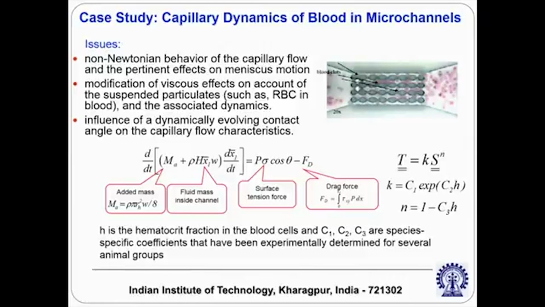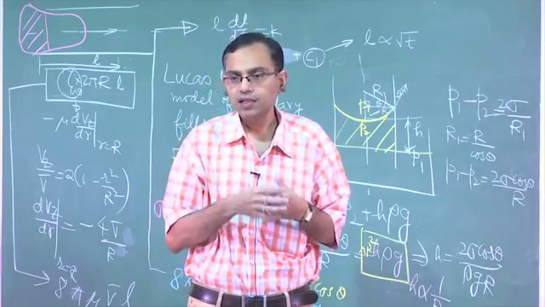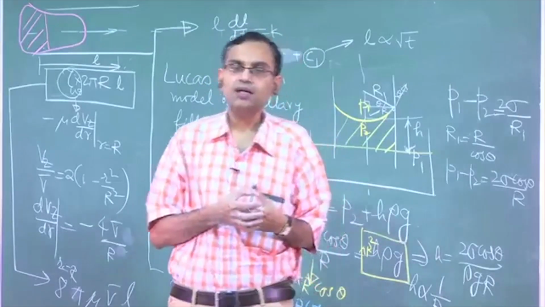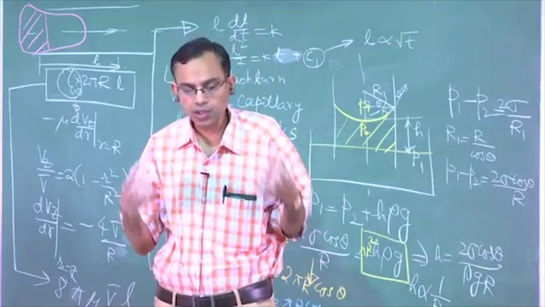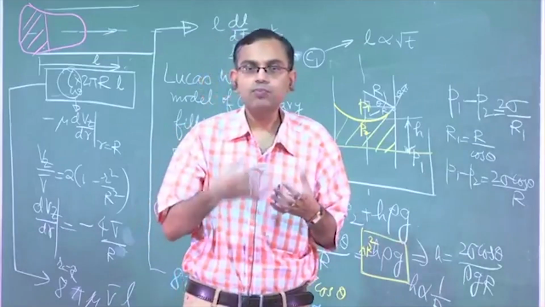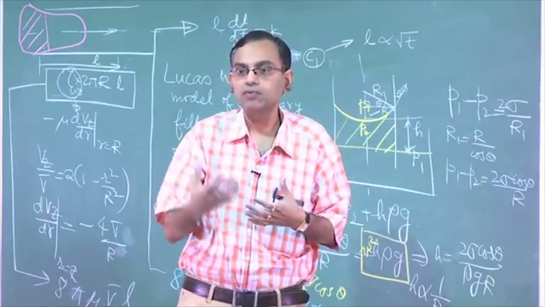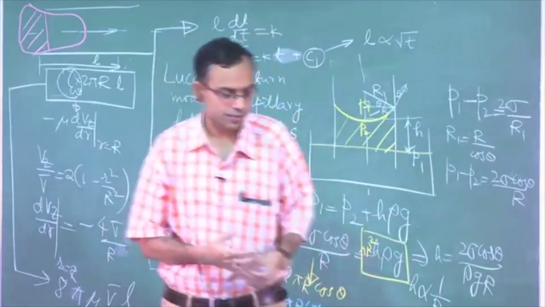Hematocrit is the volume fraction of the red blood cells, or the packed cell volume. It is a very important hematological parameter, commonly used even to monitor certain diseases. For example, after dengue fever, people start monitoring not just the platelet count, but also the packed cell volume or the hematocrit.